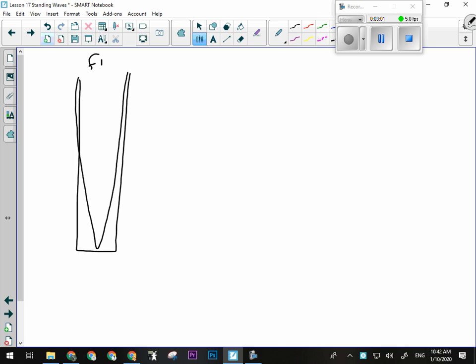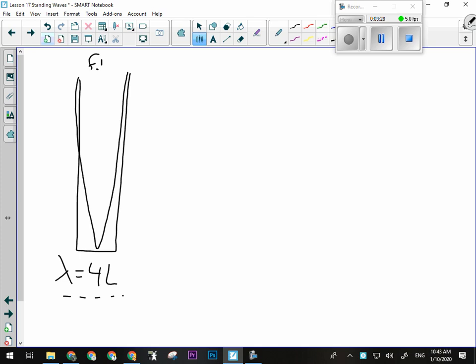How many wavelengths are in that tube? 1/4. And that's where the formula lambda equals 4L comes from. For a closed air column at its fundamental frequency, 4 times the length of the tube will give me the wave, because there's 1/4 of a wavelength in the tube. Everybody all right with that?